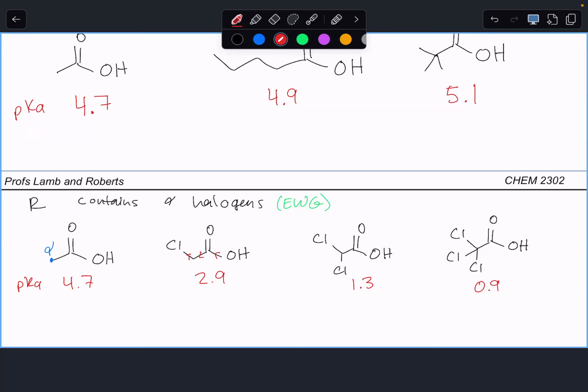So that shows that adding these alpha halogens lowers our pKa, right? So for every one that we add, we're getting lower. So this is an additive effect. So 1 halogen lowers it, multiple halogens lower it more. And it's because of induction. We're pulling electron density away through the bonds, making that proton easier to take.